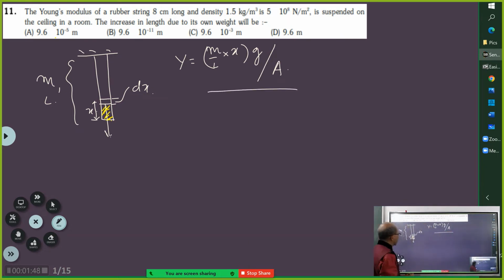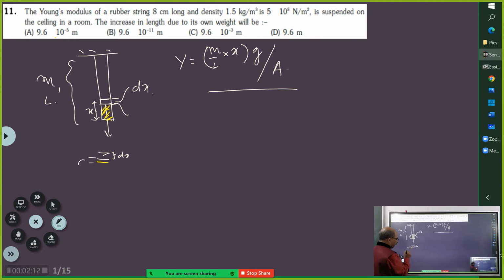And what is the strain? Because of this, the original length of this small element was dx. Now this dx elongates by dy.